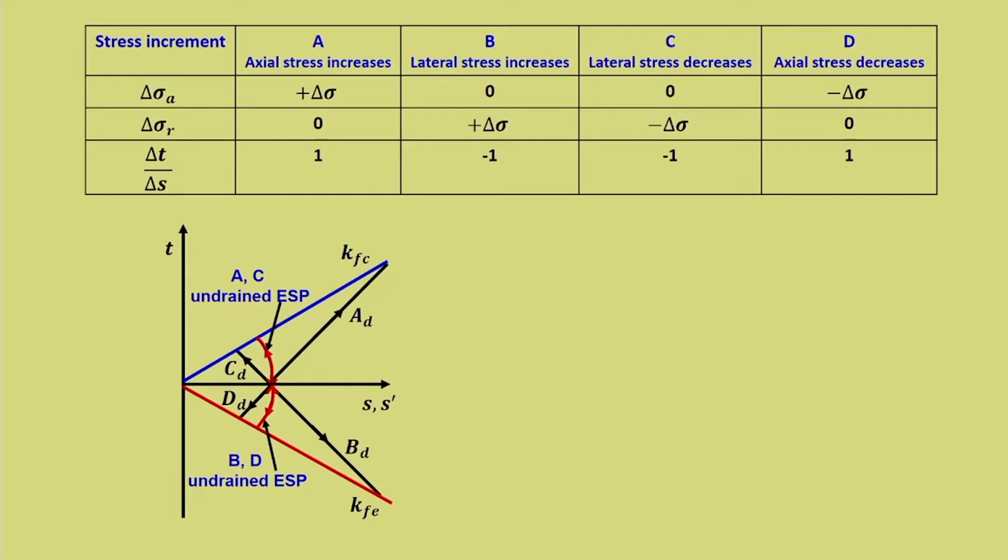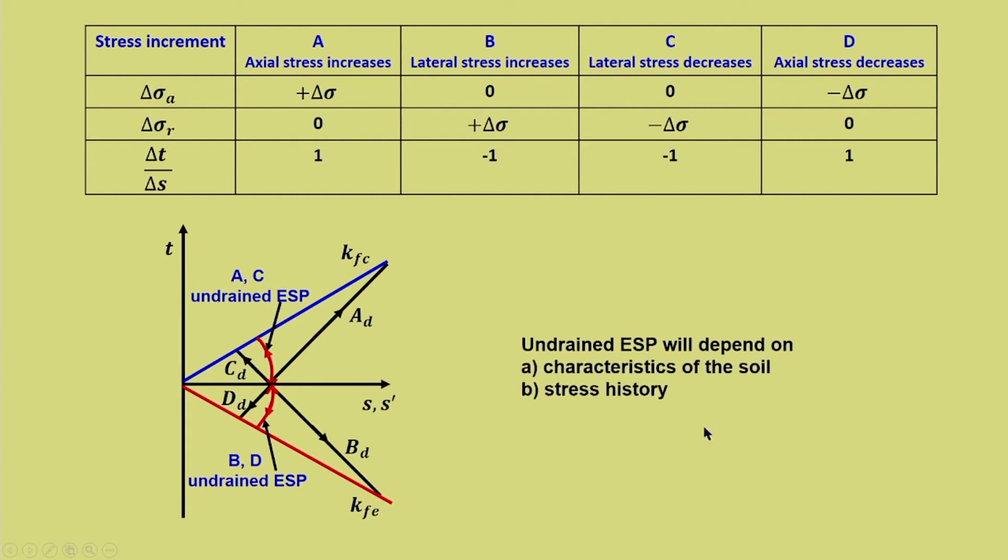Okay. So, the undrained stress path will depend on the characteristics of the soil, stress history, and the manner in which the stress changes. All these govern the A value, and hence that gives you an appropriate effective stress path.